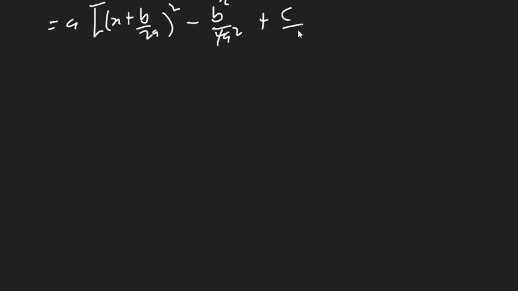So this gives us a times x plus b on 2a all squared, minus b squared on 4a squared plus c on a.